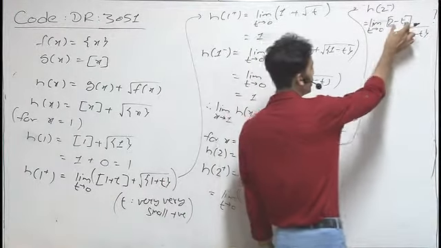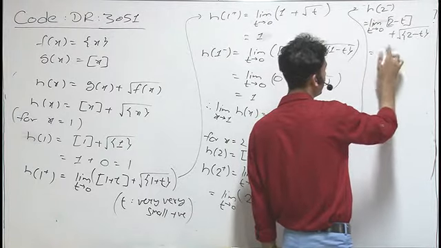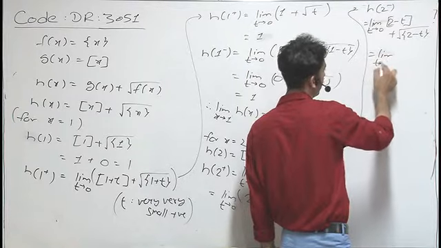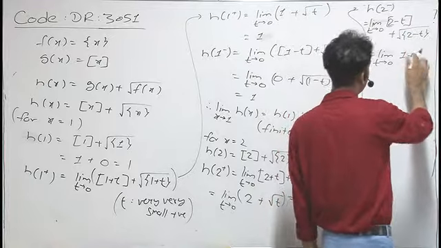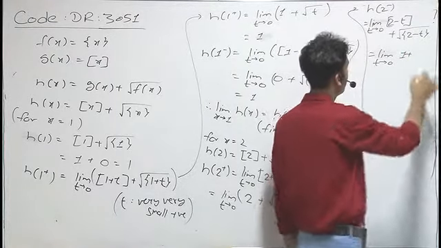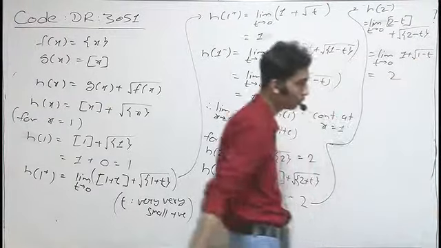It means this number is slightly less than 2, so the box gives us 1. It gives us 1 plus, and this number is slightly less than 2, it means we can write the fractional part as under root 1 minus t. It gives us again result 2.